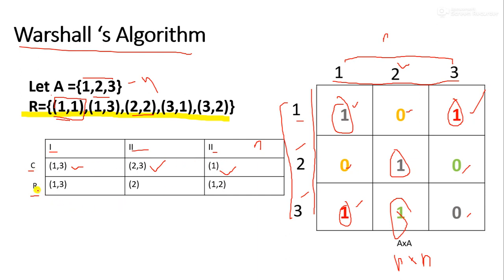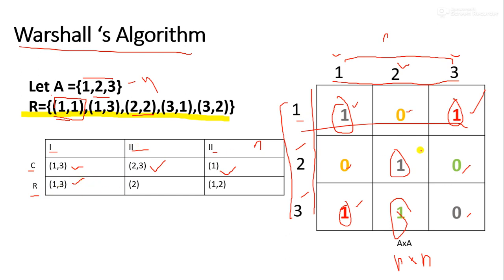And now we need to check the rows. Checking the first row, we have 1 on 1 and 3, so we write 1 and 3 here.